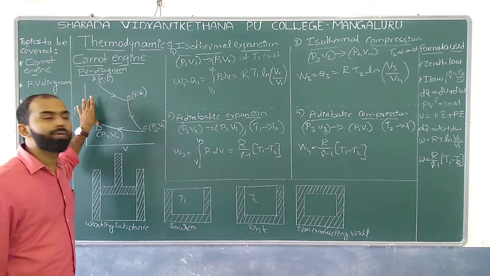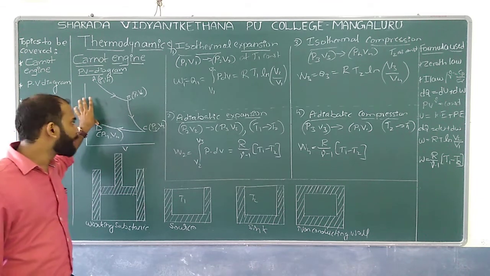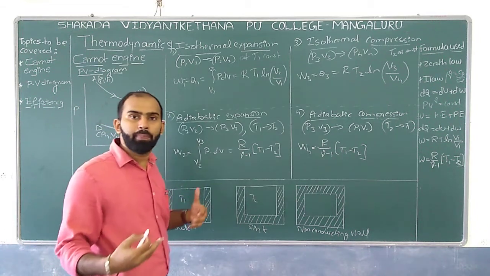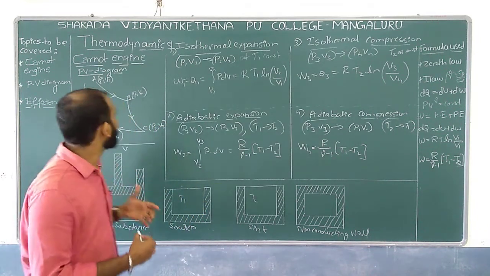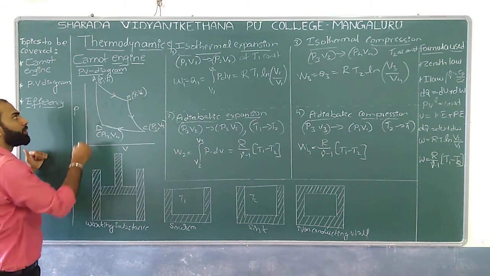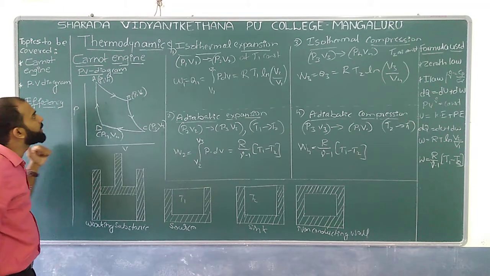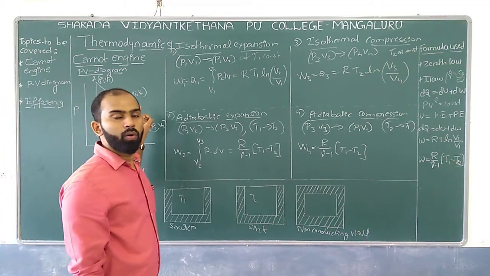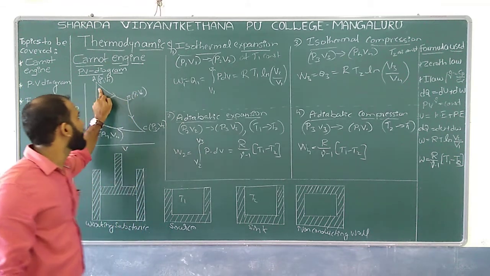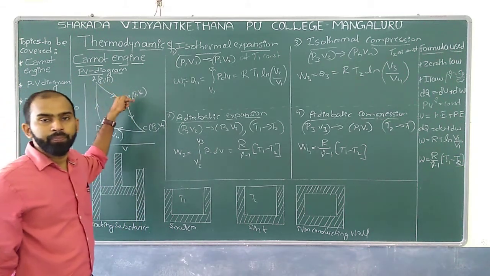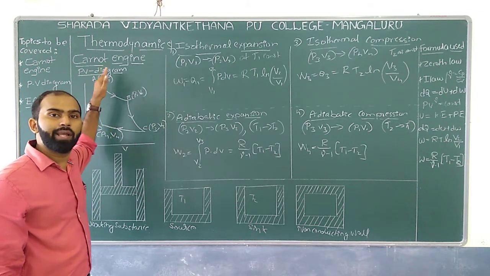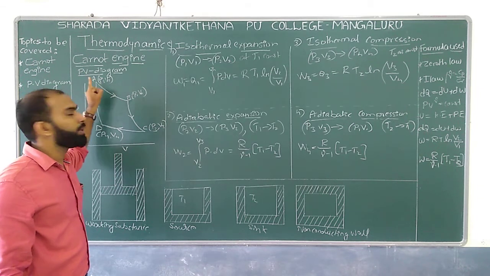So if it is so, what is the graph we can plot over here? Obviously we know that the adiabatic curve is steeper than the isothermal curve. I can expect something like this. So this is the point where it has reached its initial position once again, which means initially it started from P1 V1, then to P2 V2, then P3 V3, then P4 V4, and then once again it goes back to P1 V1.